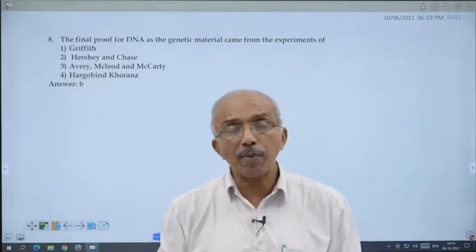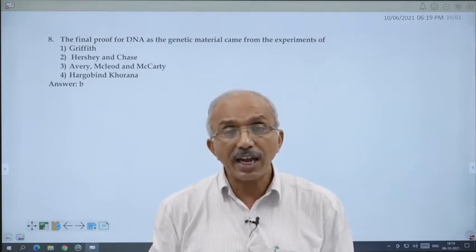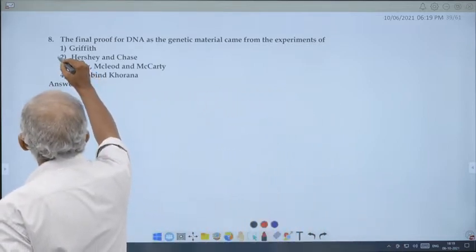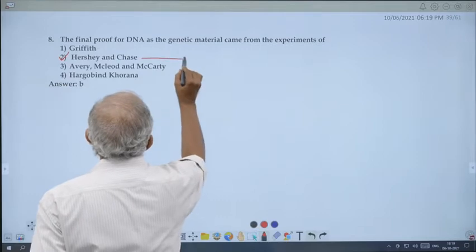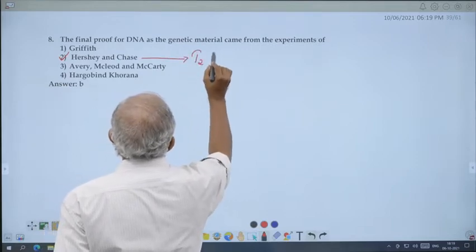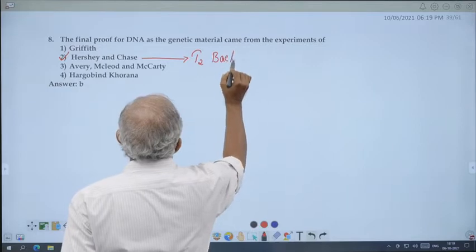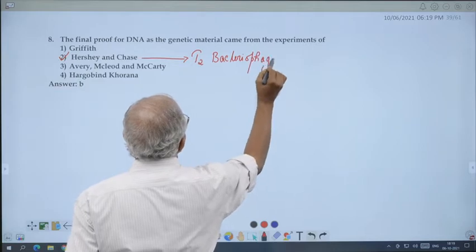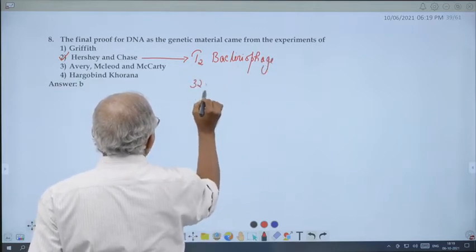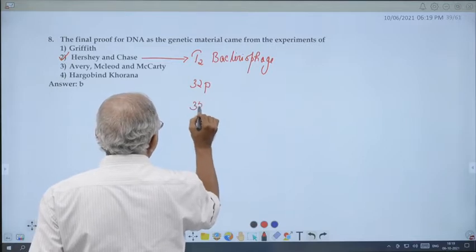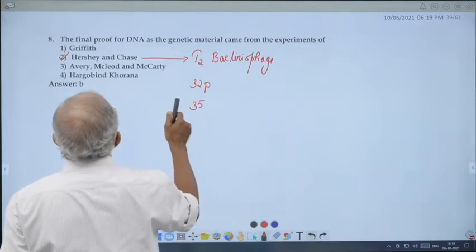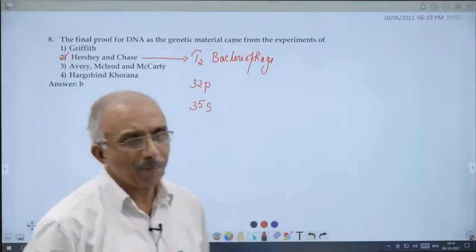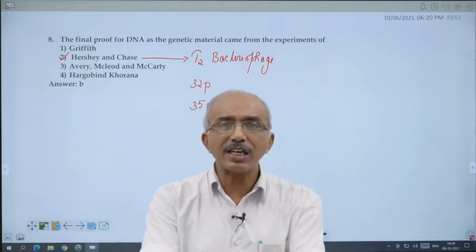It was proved by Alfred Hershey and Martha Chase using T2 bacteriophage, radioactive phosphorus and radioactive sulfur.